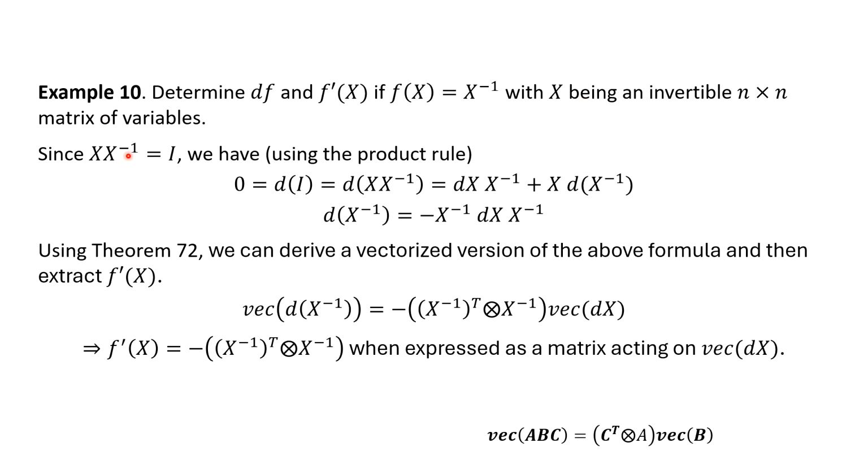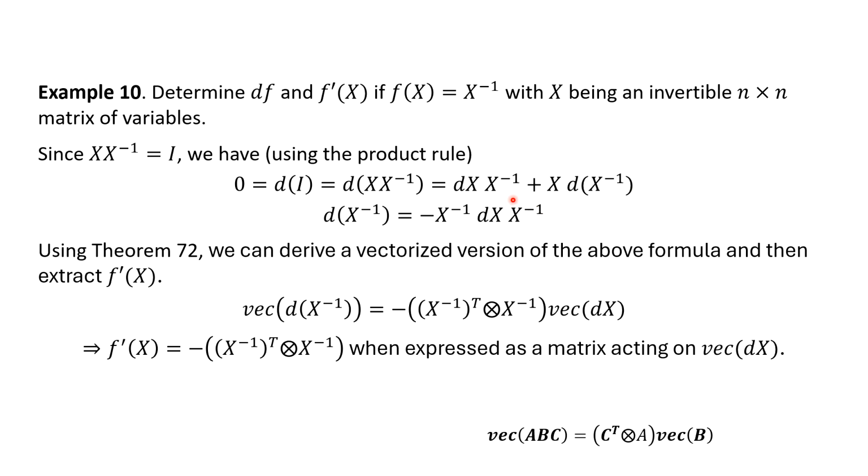We know that x times x inverse is the identity, so we'll take the differential of both sides of this. The differential of I, being a constant, is 0, and then the differential of x times x inverse we can get using the product rule. It's dx times x inverse, the differential of the first times the second, then the first times the differential of the second.